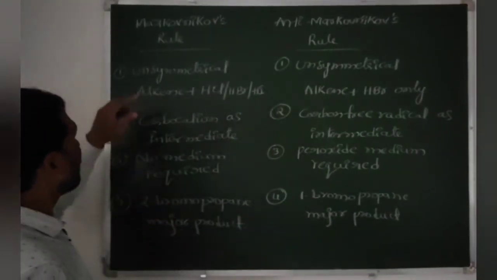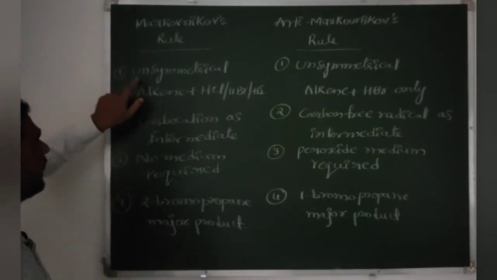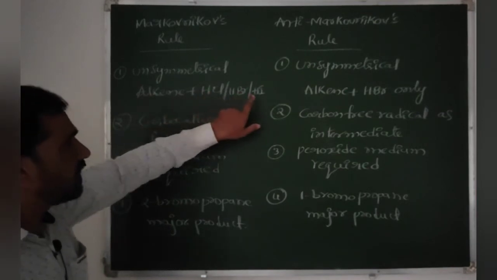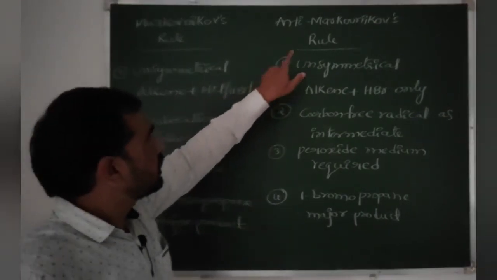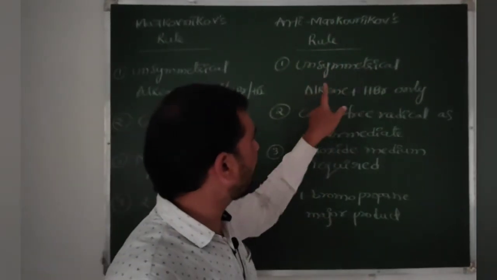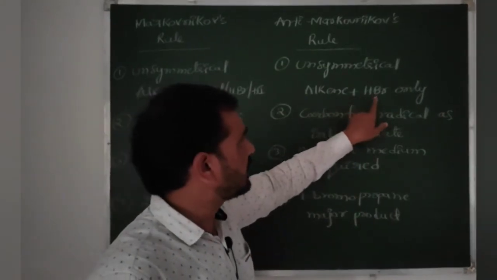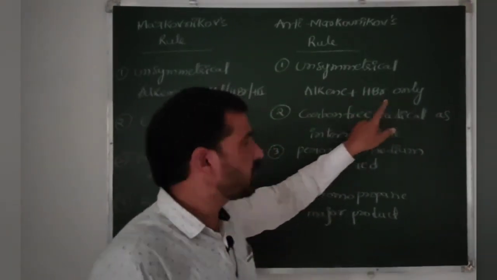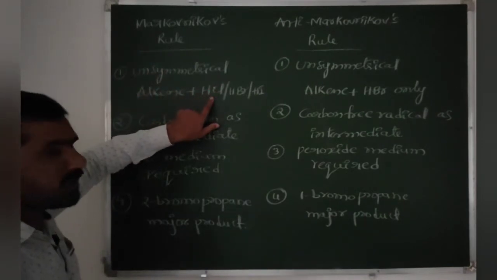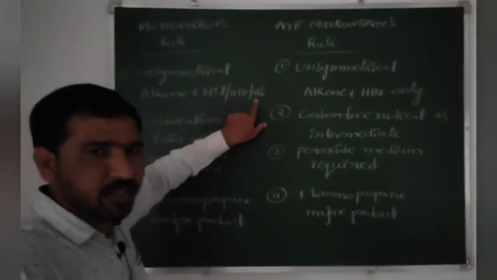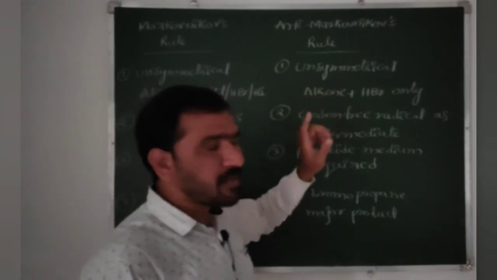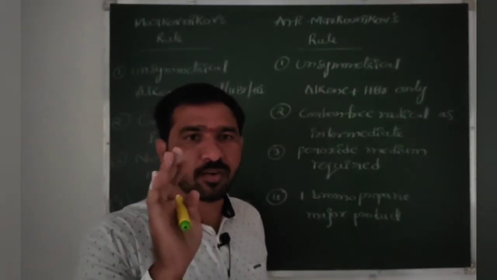Let me see. Coming to the first, Markovnikov rule. First point: unsymmetrical alkene plus HCl, HBr or HI. Then coming to the anti-Markovnikov rule, the first main point is the same unsymmetrical alkene plus HBr only. Is it clear? In the Markovnikov rule, HCl or HBr or HI participates, but in the anti-Markovnikov rule, the unsymmetrical alkene is treated with HBr only.